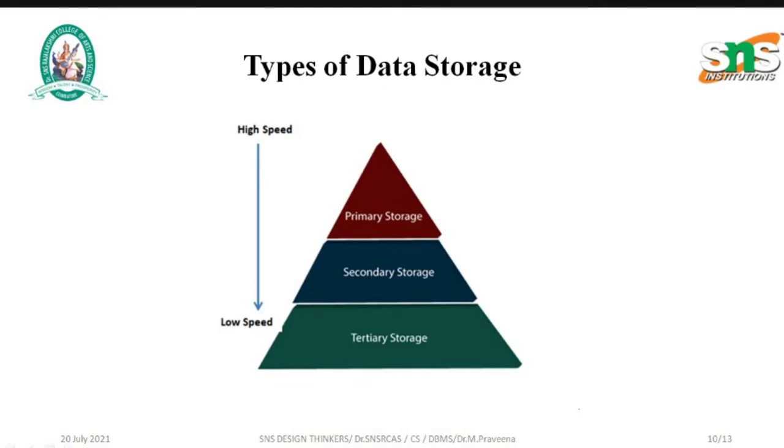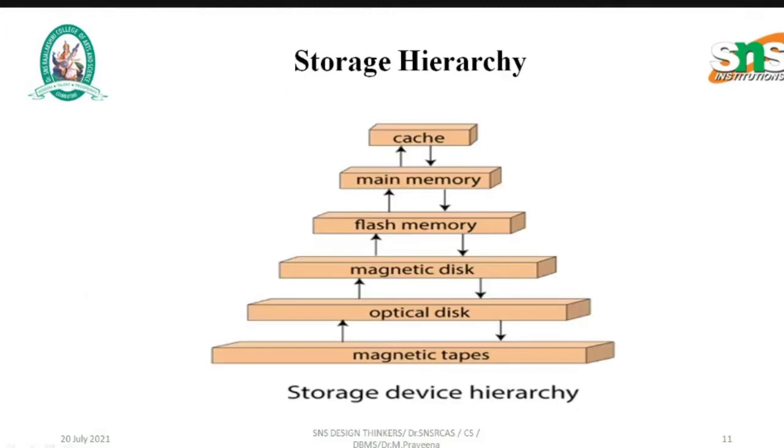These are divided based on the speed of the data. Primary storage has high speed, whereas secondary is very low compared to primary, and tertiary storage has low speed.